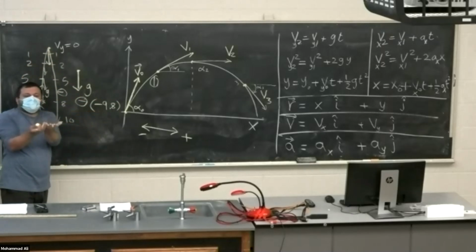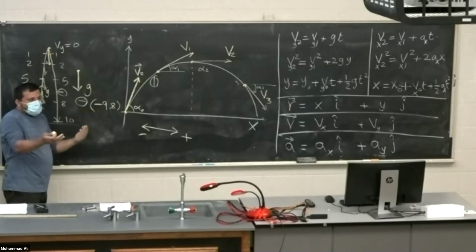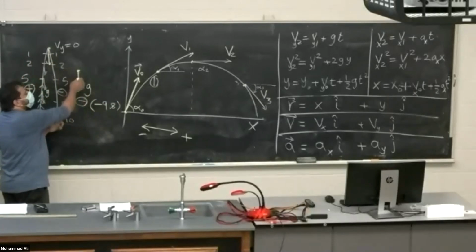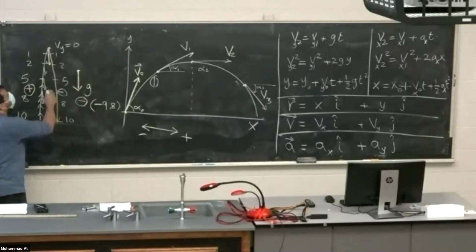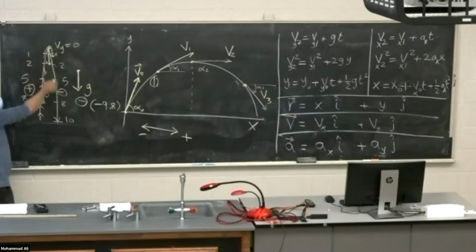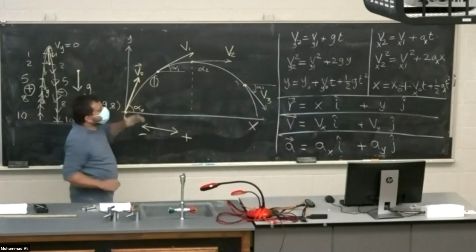When I was in your place, I answered it to be 0, but it's not 0. Because g is always constant, the object returns its motion direction and goes down and increases its velocity again. So g is constant always in my equations.